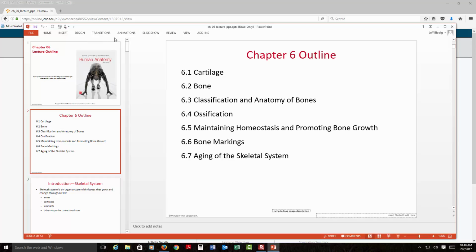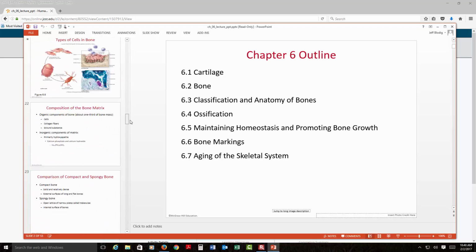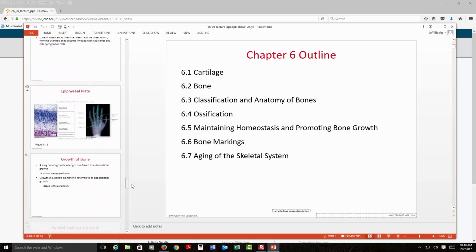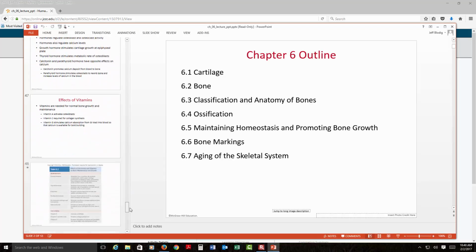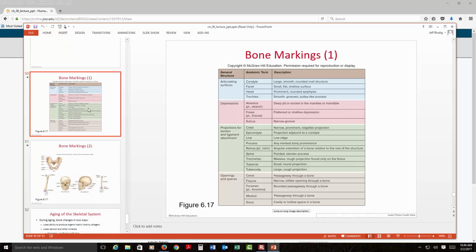They then go into talking about bone markings, section 6.6, and this section is very important in regards to the terminology that you're going to see with the detail of bones. Bones are the organs, bone markings are the detail.